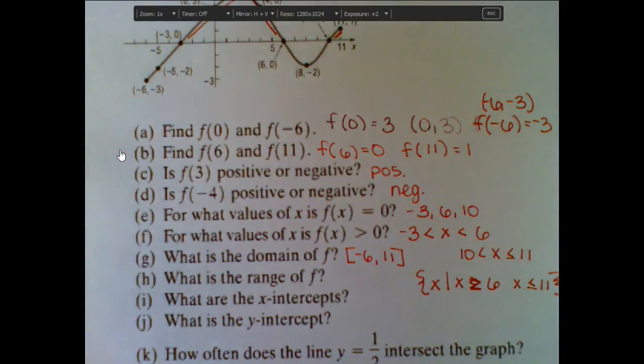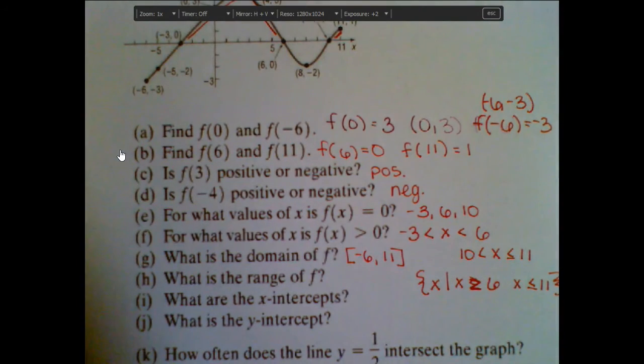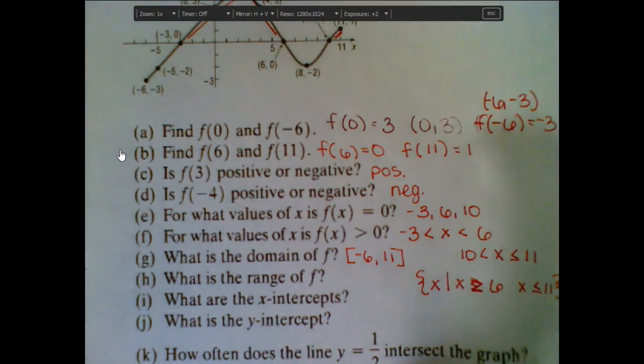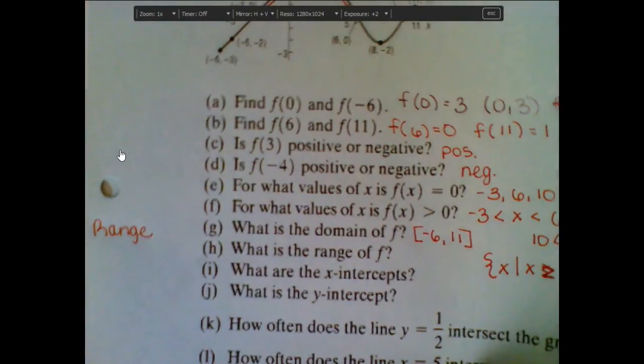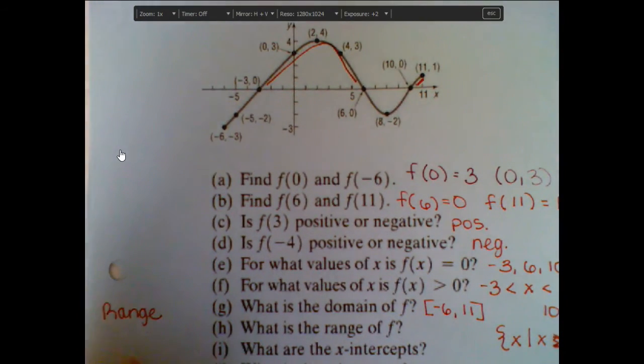So my range is going to be, remember, my y values need to be greater than or equal to negative 3 and less than or equal to 4. Okay?